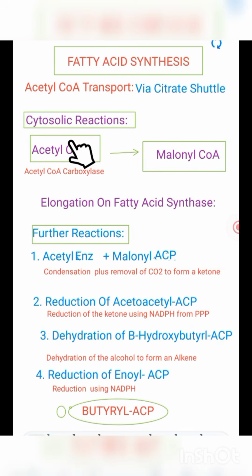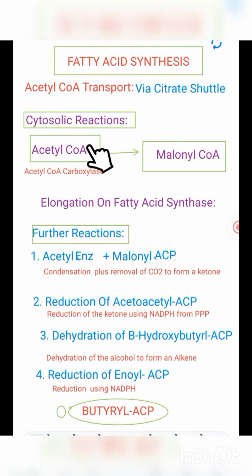The first and most important step is the conversion of acetyl-CoA to malonyl-CoA. This step commits acetyl-CoA to lipogenesis because once malonyl-CoA is formed, we know that the process of fatty acid synthesis is actually going to occur.